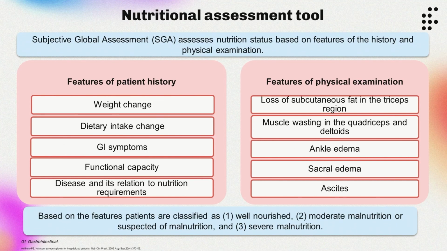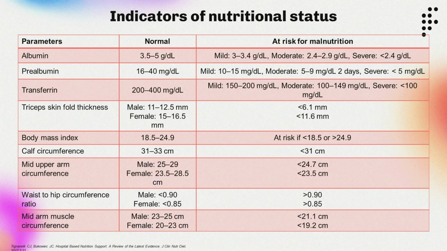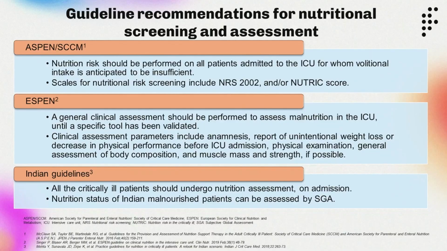Based on this picture, patients are classified as well nourished, moderately malnourished, and severely malnourished. These are the indicators of nutritional status: albumin level, pre-albumin level, transferrin level, triceps skin fold thickness, body mass index, calf circumference, mid upper arm circumference, waist to hip ratio, and mid arm muscle circumference.